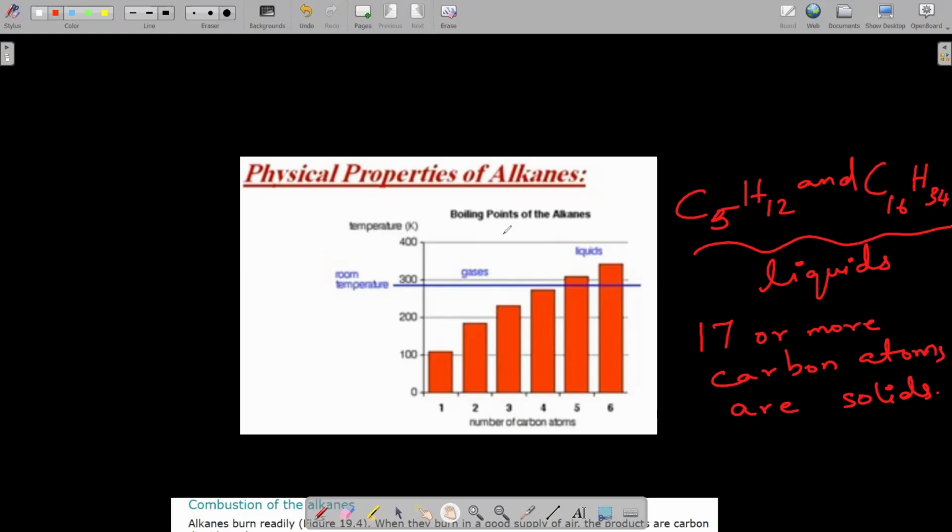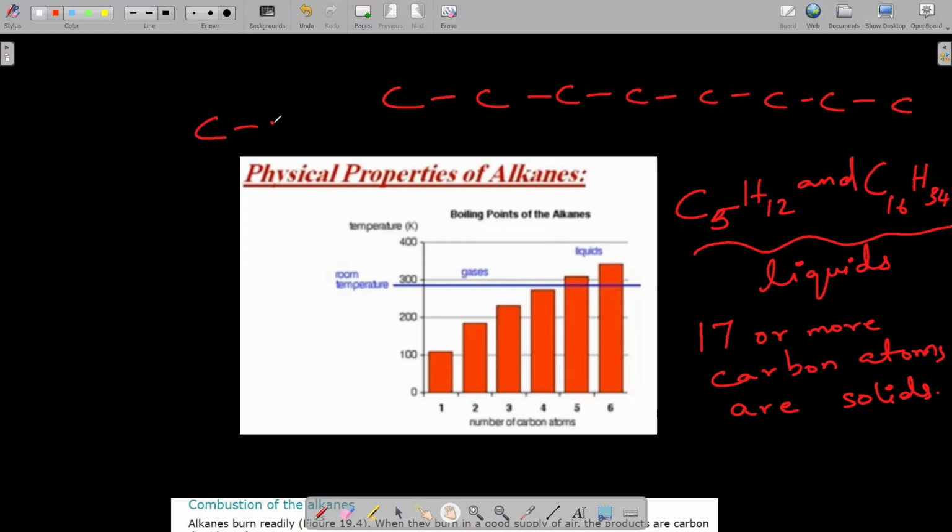Now, why does this happen? The larger the molecule, the higher the boiling point. This is because large molecules are attracted to each other more strongly than smaller ones.